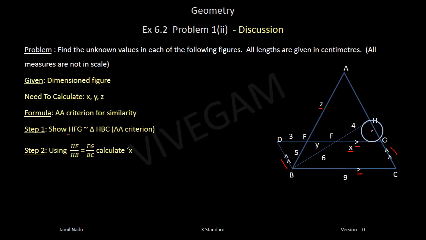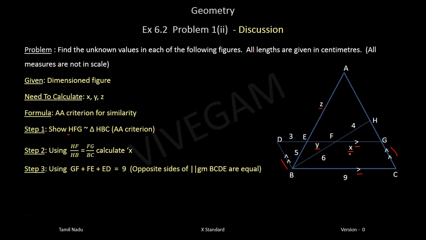Thereafter, what will we get? So HF divided by HB will be equal to FG divided by BC, right? Then in this equation you will get everything in terms of x, because all other 3 variables are known. So from which x can be calculated. Step 3. You have to use that parallelogram. Opposite sides of a parallelogram are equal.